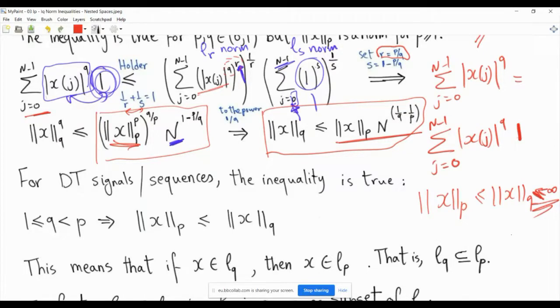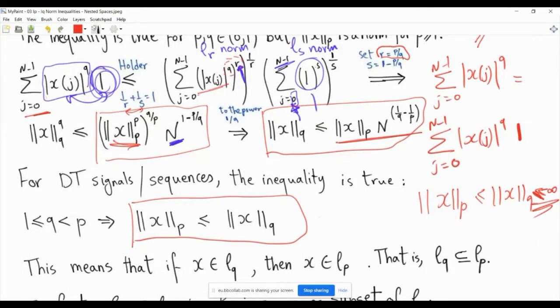So you can take the limit as n goes to infinity, and things will be true. So this is true even for sequences or infinite dimensional vectors. It's always true that the LP norm is less than or equal to the LQ norm so long as P is greater than Q. So what does this mean?